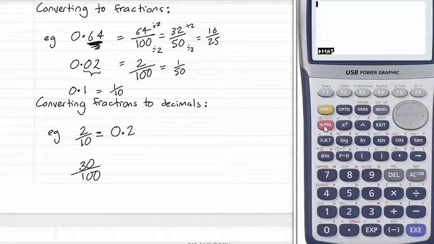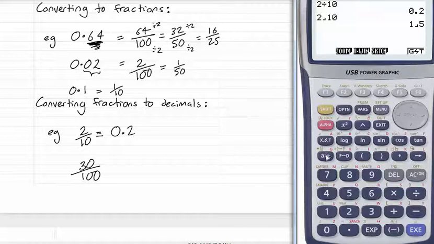And of course, there's always our friendly calculator. 2 divided by 10 is 0.2. Normally on your calculators you can change your fraction to a decimal, but I don't like this calculator, but it was the best I could find.